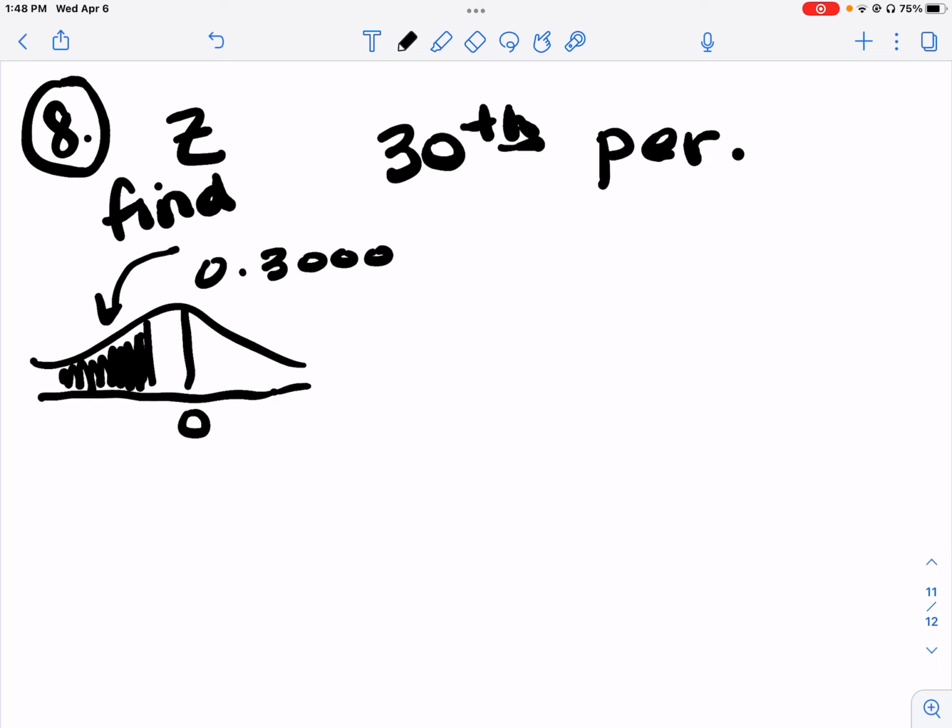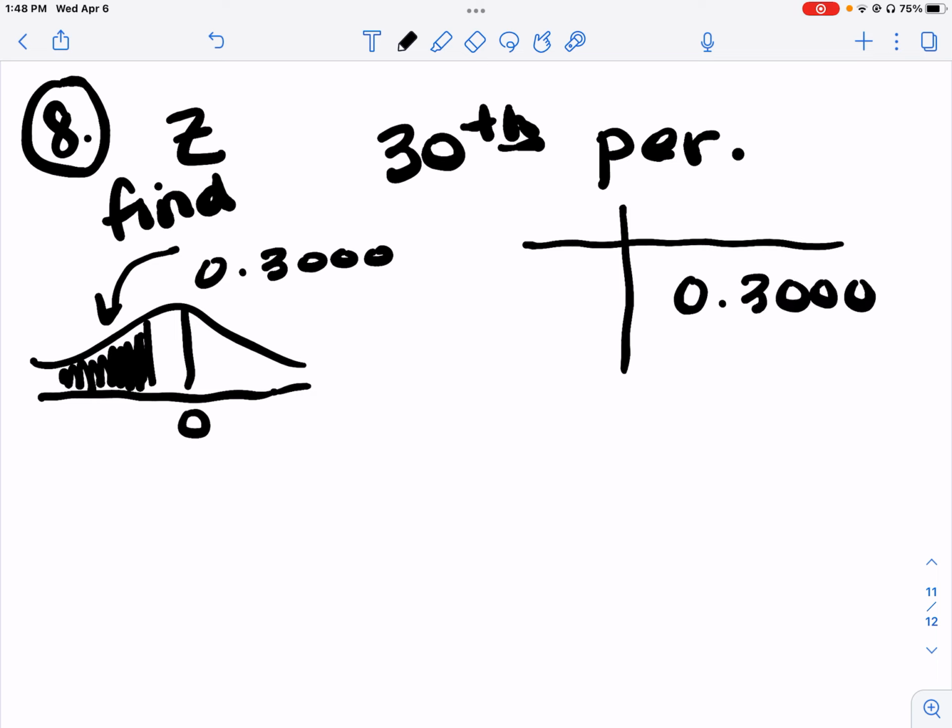So same thing, we're trying to find z that has 0.30 in the area, in the left area. Percentile always means left or less than.